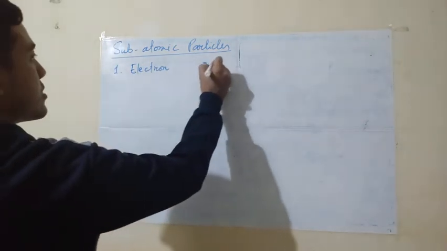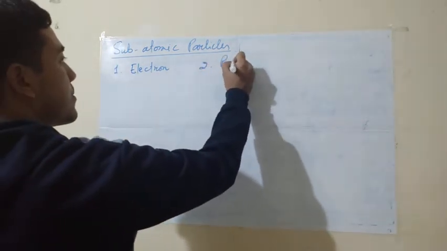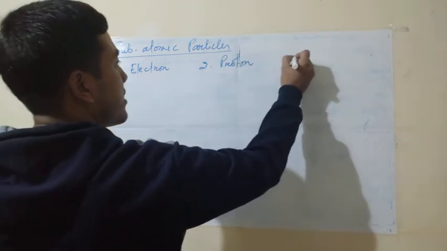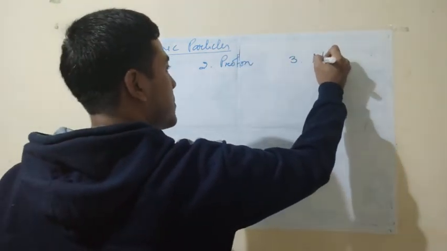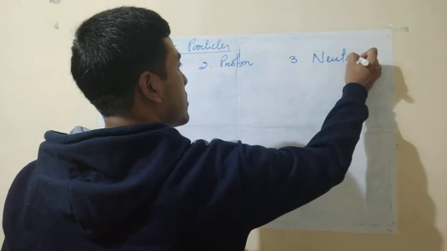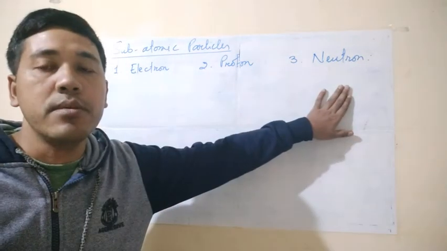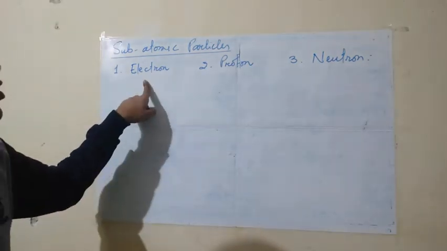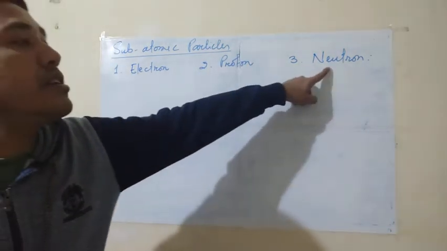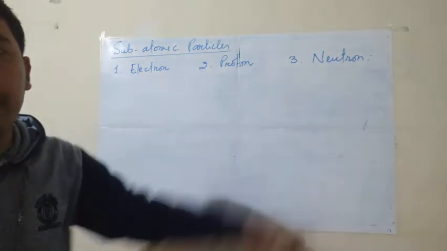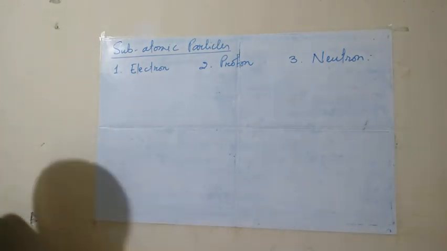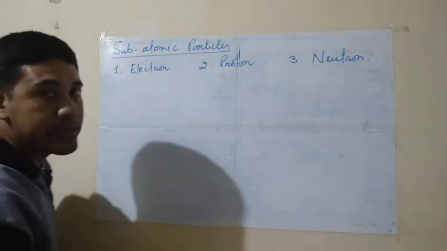The second one is the proton, and the third one is the neutron. That means an atom is made up of these 3 particles: electron, proton and neutron. These 3 are known as the subatomic particles of an atom.